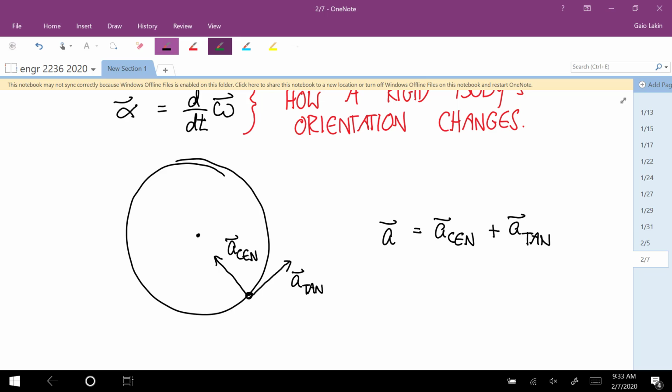But really, to an observer looking at you in an inertial coordinate system, just a camera fixed in the parking lot, what they see is, in order to maintain that circular path, a force has to be pushing you toward the center of the circle. And that force is the seat belt pushing you towards the center.